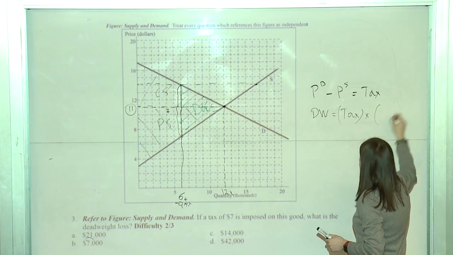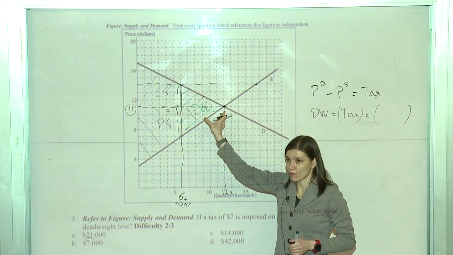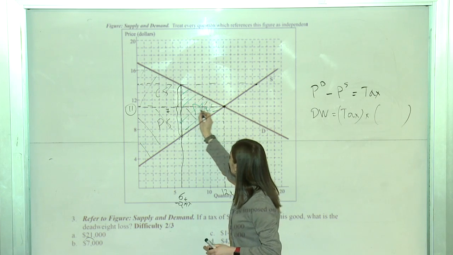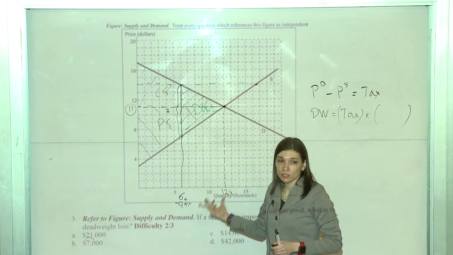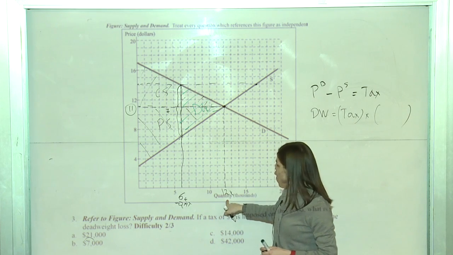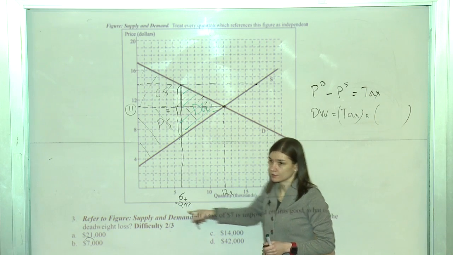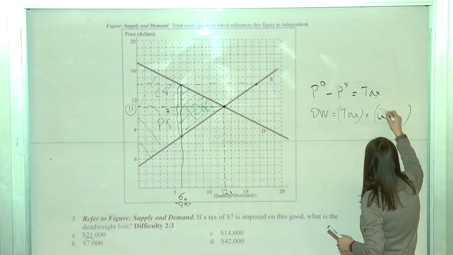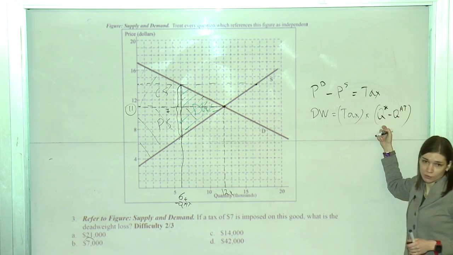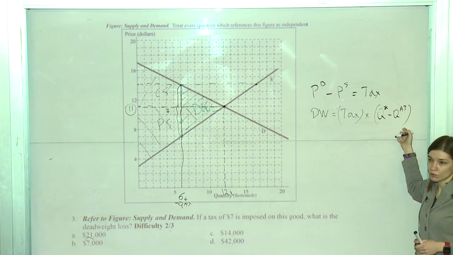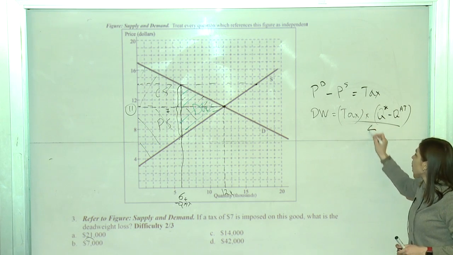And then the height of this triangle is going to be what? From here to there. Well, this is the change in quantity. So it's the difference between the quantity in equilibrium and the quantity after tax. So it's going to be the quantity in equilibrium minus the quantity after tax. And this is always going to be positive because we are reducing the quantity after the tax. And then it's a triangle, so the whole thing divided by 2.